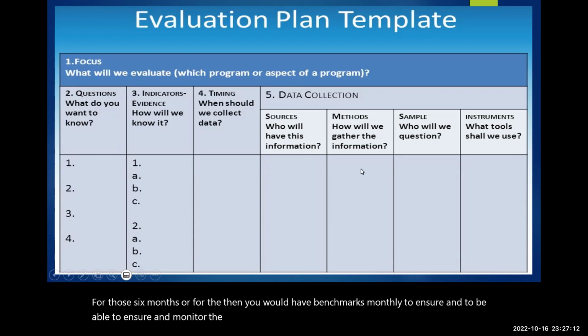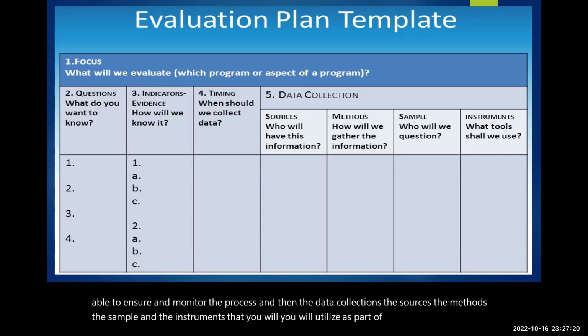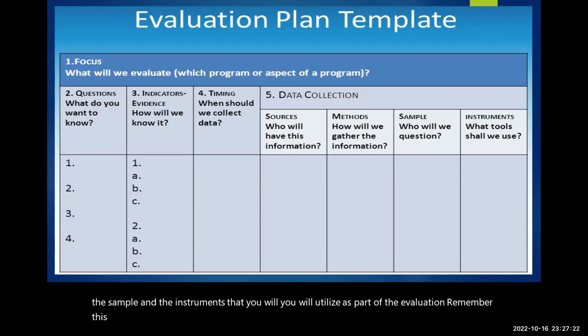And then the data collection, the sources, the methods, the sample, and the instruments that you will utilize as part of the evaluation. Remember, this is evaluating the goals and objectives within a program or project description.